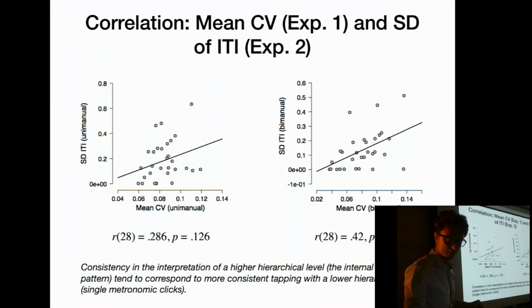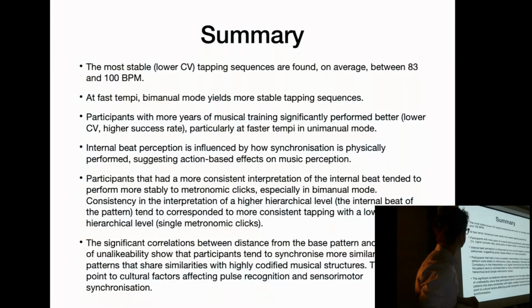Okay, thanks. So to summarize the takeaways of these two experiments, the most stable tapping sequences that we found on average were between 83 and 100 BPMs, so the lower coefficients of variation of the tapping sequences are found on average in that range.